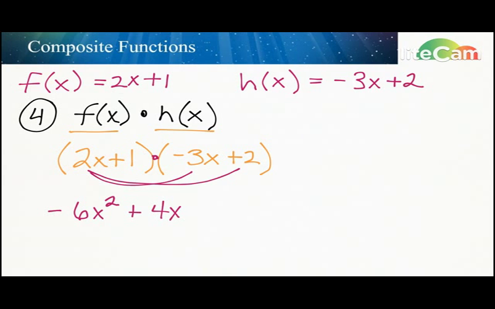Then I'm going to take the inside, so I'm going to go negative 3x and 2. So my answer is going to be negative 6x squared. I'm going to put the 4x and the 3x together, so that's going to make 1x. I can just write x, and then plus 2.